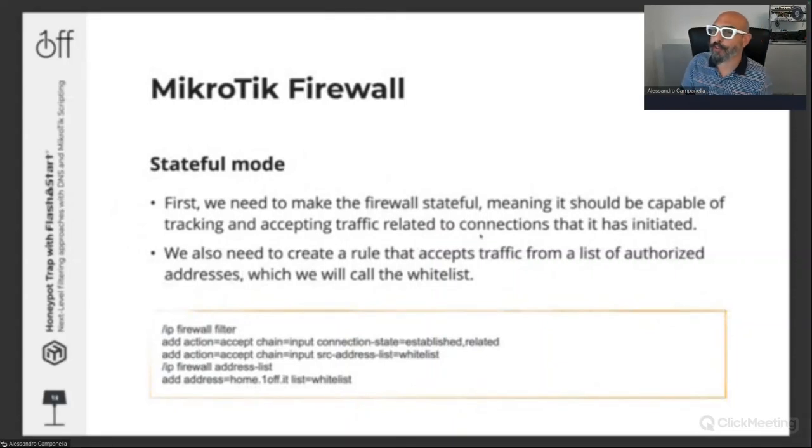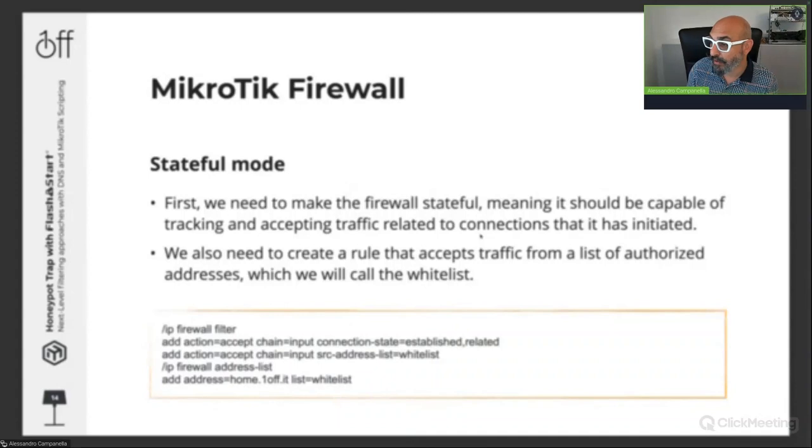First of all, we need to configure the router itself in a stateful way. What does it mean? If the router is filtering the traffic belonging to connections opened by the router itself, it could be very tricky to understand which traffic is going to be safe and which traffic needs to be blocked. So first of all, we need to accept all the traffic belonging to connections opened by the router itself.